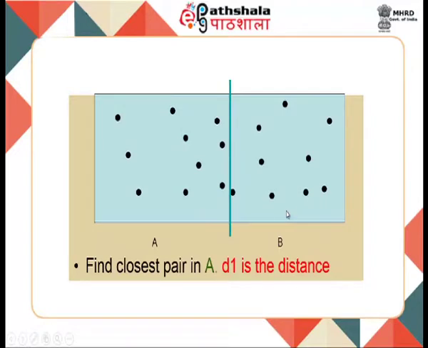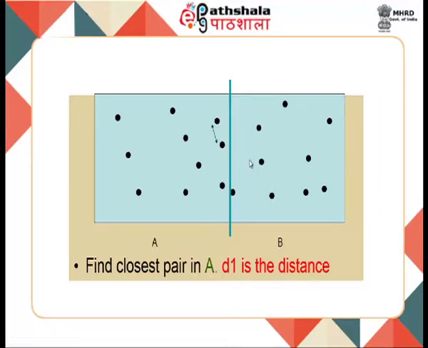Once we have 2 subsets, recollect how our strategy goes. We find the closest pair in set A, the closest pair in set B, and then the closest pair of points where one point is in region A and another point is in region B.